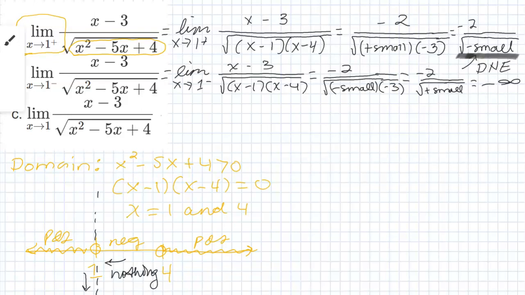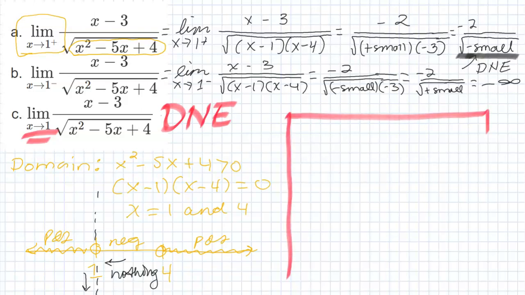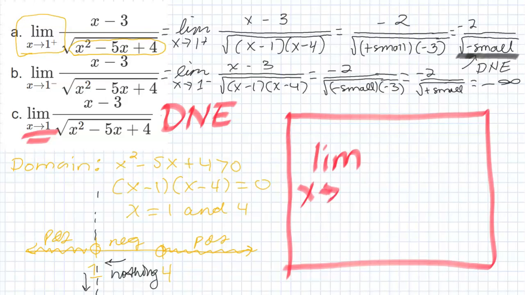So what can you say about the limit as x goes to 1 in general? That does not exist. However, we do have a limit as x goes to 1 from the left of f of x is negative infinity because of the domain that you see here.